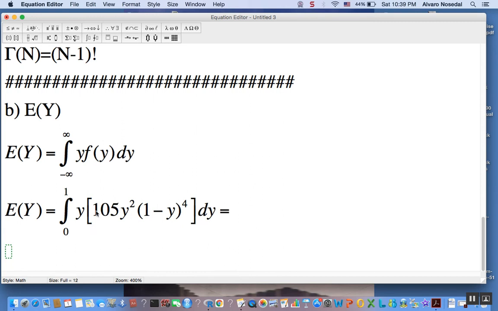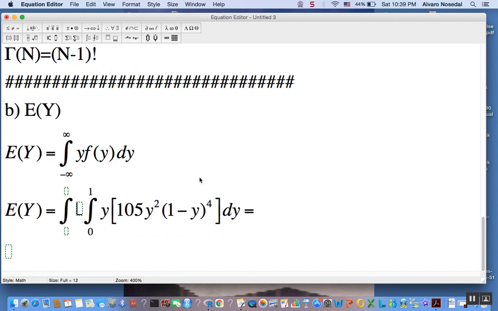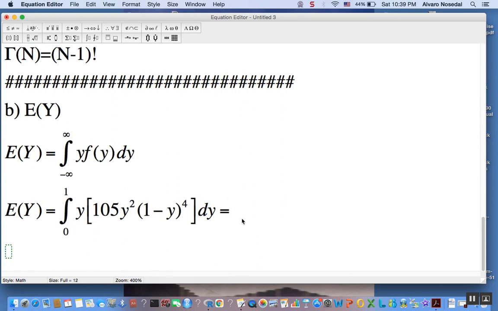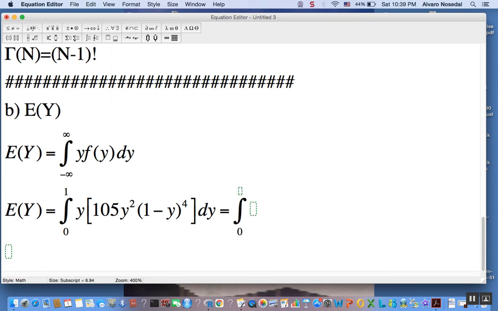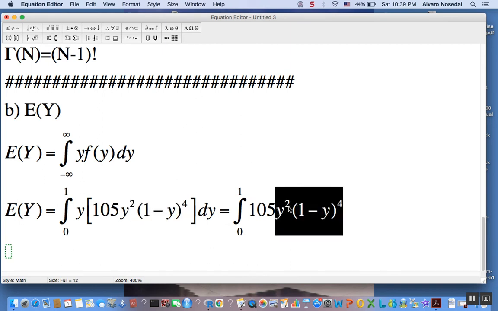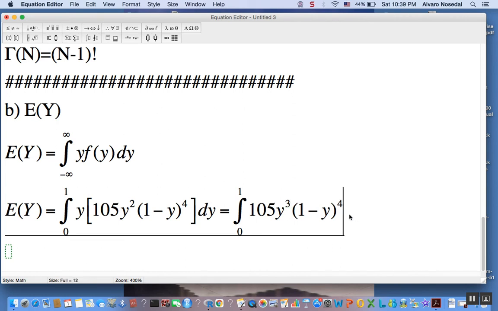So this will be the same as the integral from 0 to 1 of 105 times almost this, and instead of y squared we're going to have a cube here, dy.